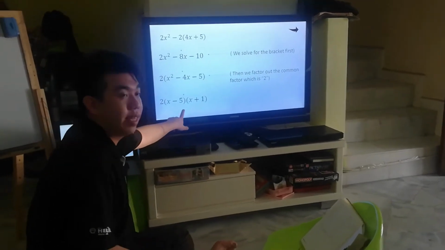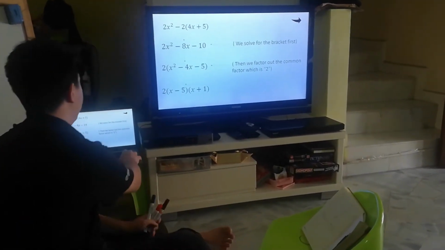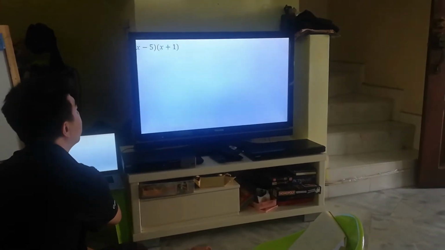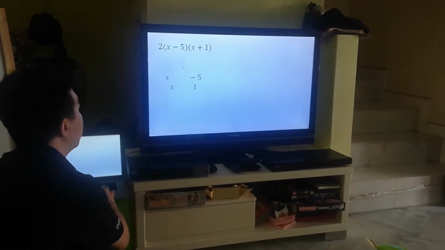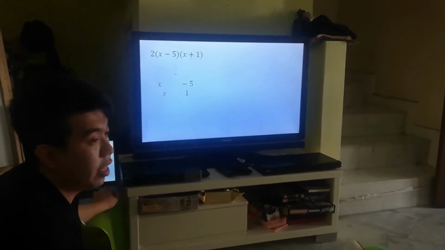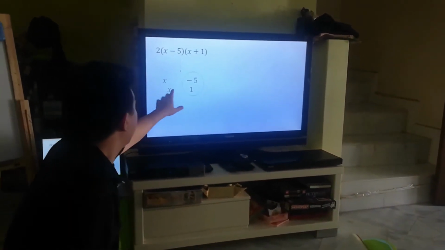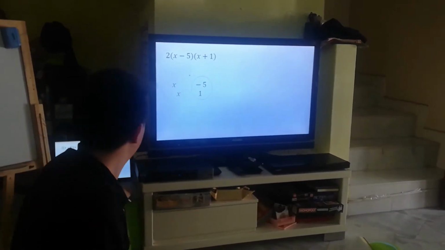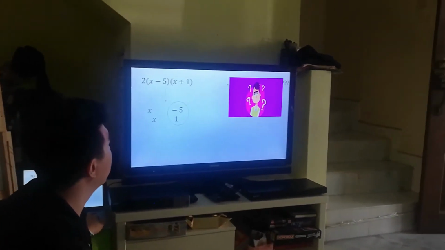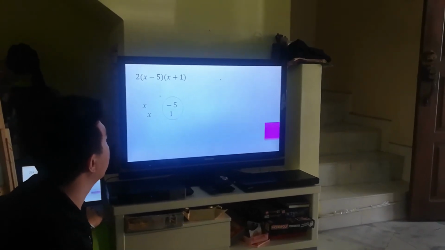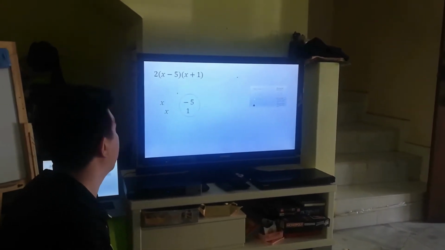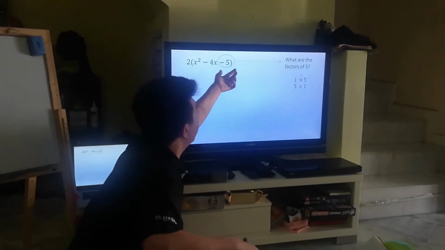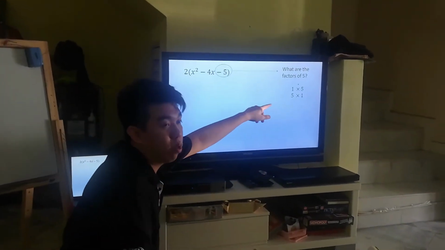But how do we get this? You learned factorization about this one. The x one, how do you factorize it? How do you get negative 5 and 1? Let's see from here. We get it from the factors. So what are the factors of 5?